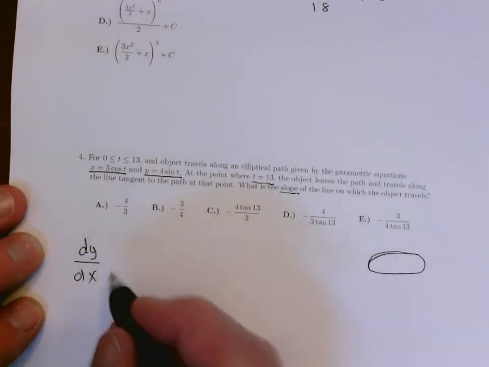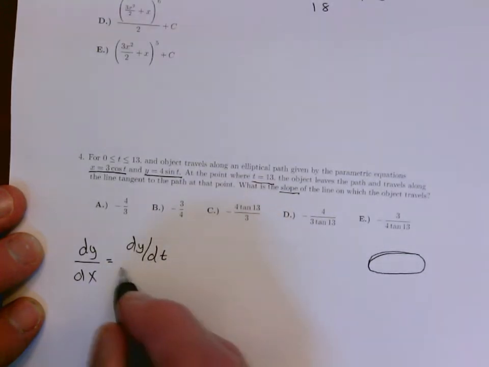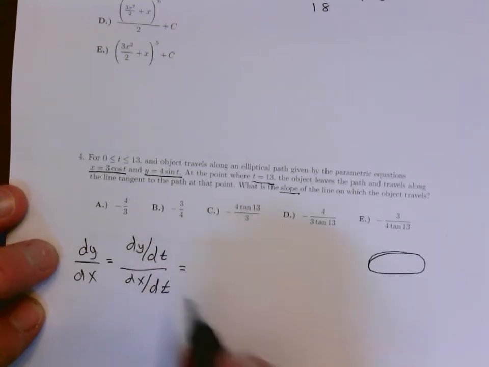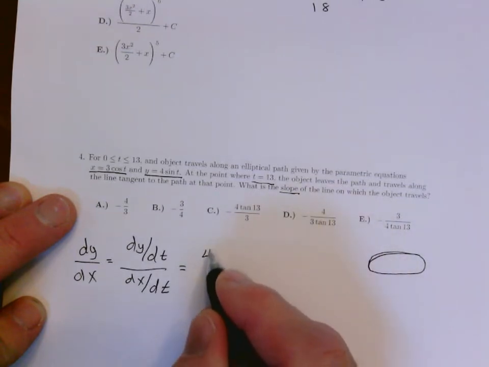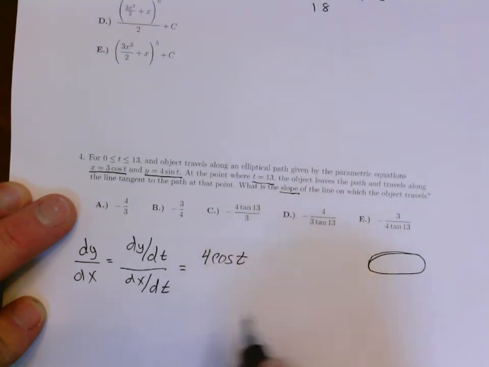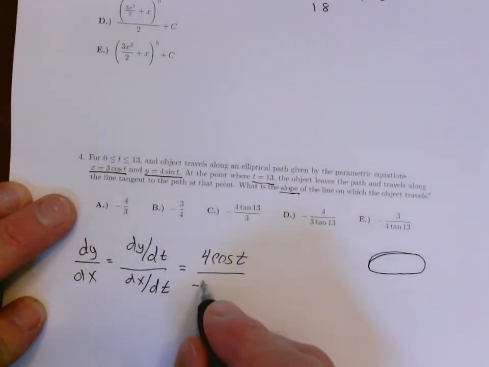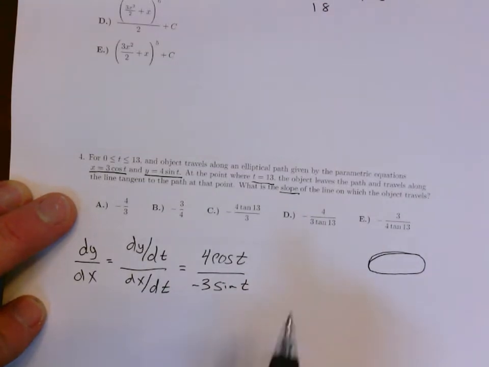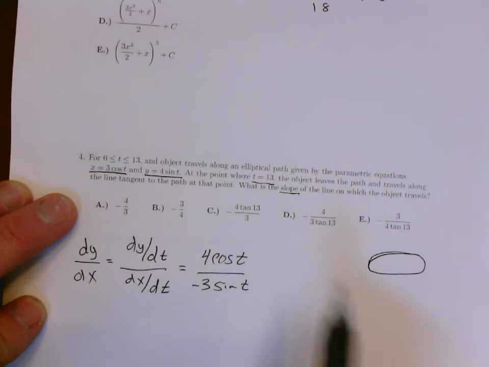But since we're in parametric equations, this is dy/dt all over dx/dt. So the derivative of y with respect to t is just going to be 4 cosine t, and the derivative of x with respect to t is going to be negative 3 sine of t. Now, I do need to plug in 13 here because I need to evaluate it there.